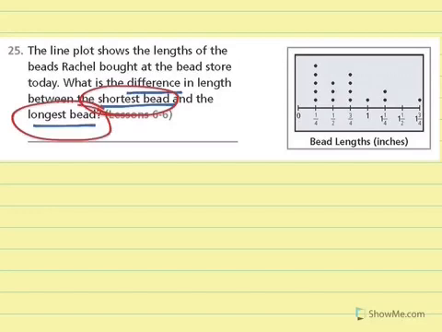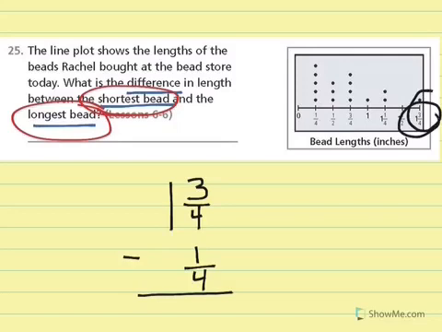So I'm going to pause the video. I want you to go ahead, work with your partner, decide which one's the shortest, which one is the longest, and subtract. All right, guys. So you should have noticed that we have one dot right here for 1 3/4. So that is going to be our longest bead.